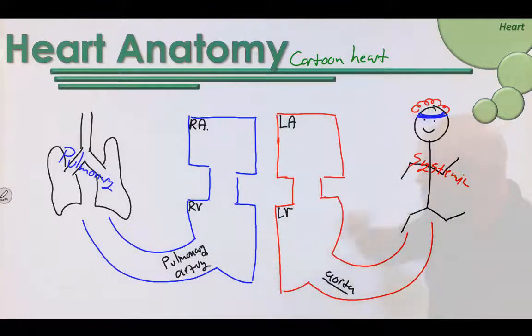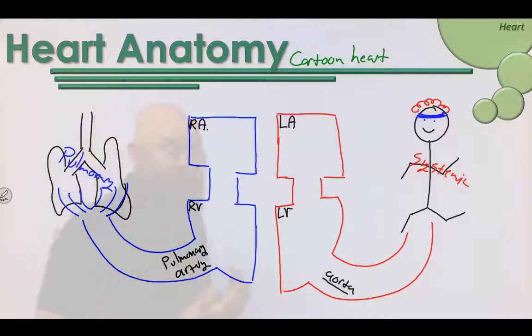But I'm going to say that we've got oxygen-poor blood that's going from the right ventricle off the pulmonary artery to the lungs. At the lungs, we are going to branch into itty-bitty, teeny-tiny vessels called capillaries, and we'll talk more about the different types of vessels as we get into Chapter 10 on blood vessels. But for right now, maybe the only thing to know: arteries take blood away from the heart.